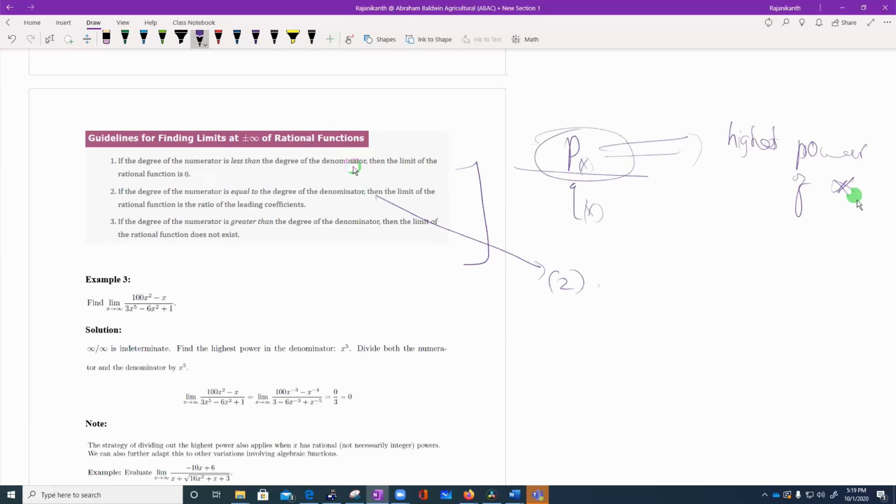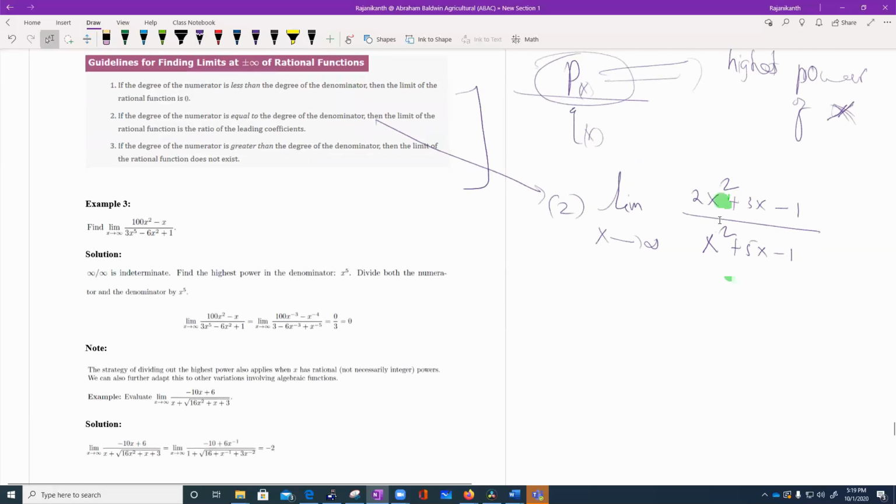Suppose you want to find the limit as x goes to infinity of 2x squared plus 3x minus 1 over x squared plus 5x minus 1. How do you find this limit? Remember, you have a fraction. What is the degree of the numerator? 2. The highest power of this expression is 2.